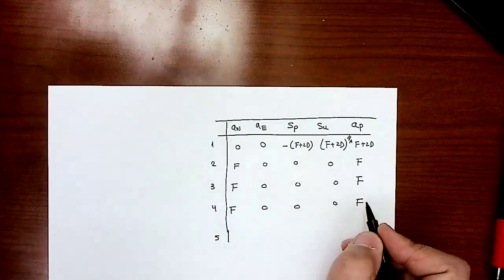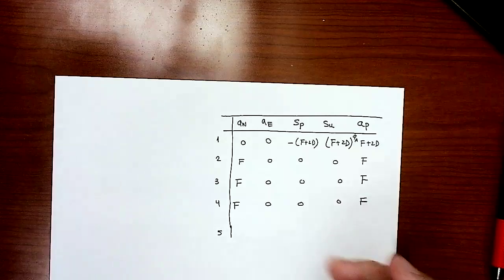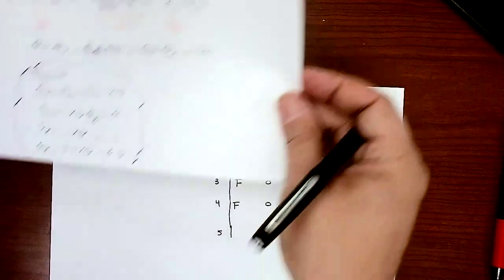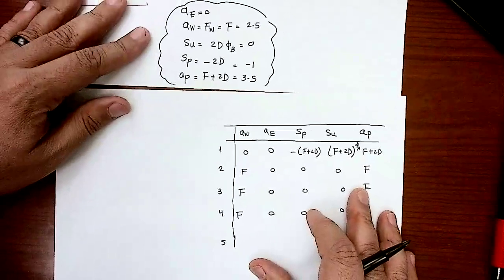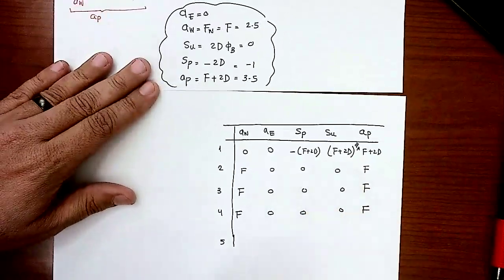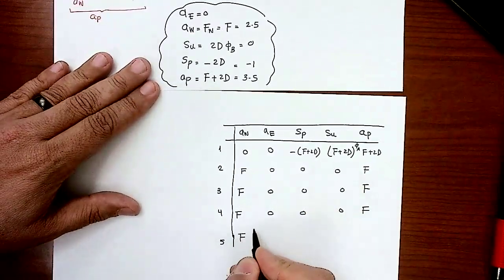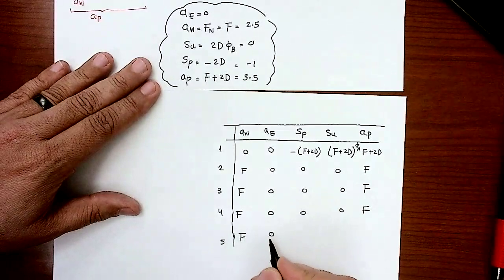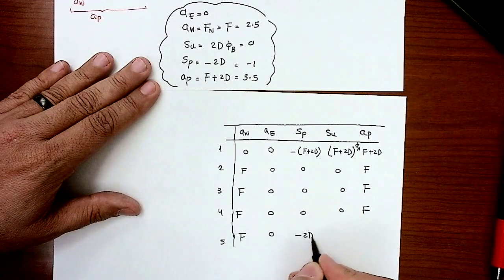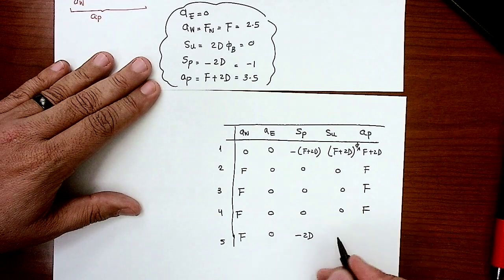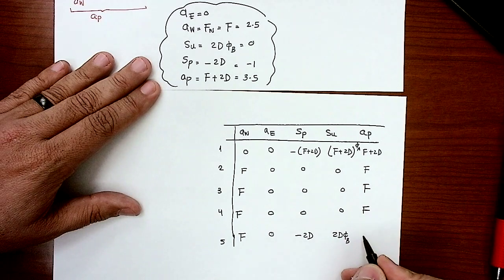Now for node number 5, I got the coefficients here. I got A West is F. I got A East is 0. I got SP is minus 2D. I got SU is 2D phi B. And I got AP to be F plus 2D.